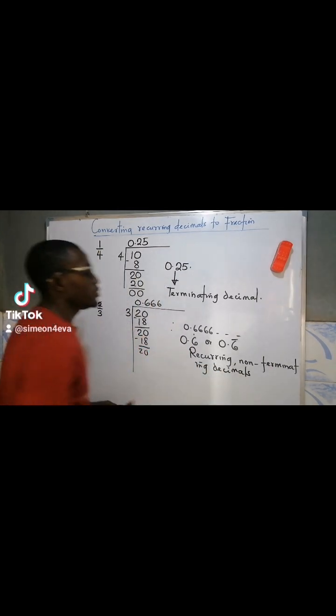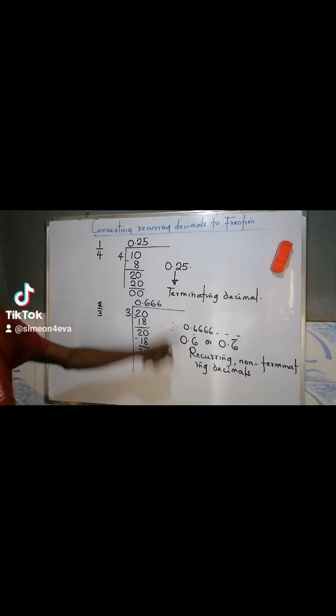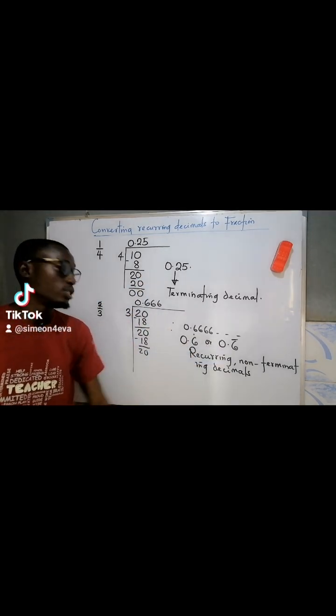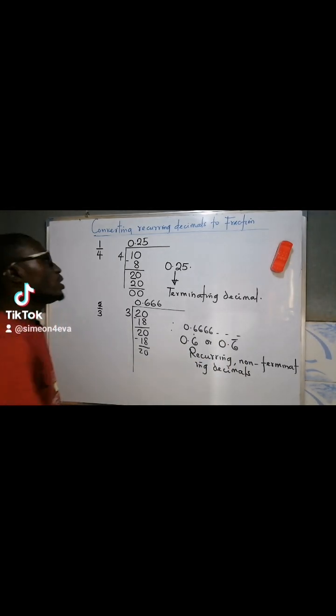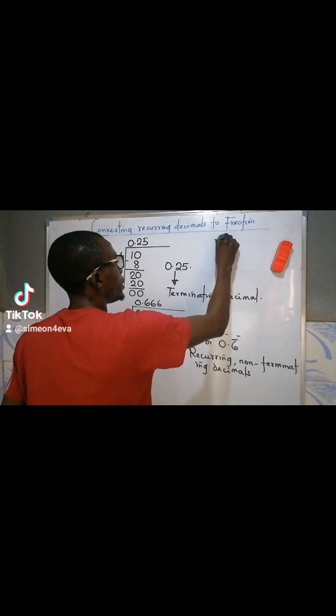So you can see the difference between these two types of decimals, the terminating and the recurring non-terminating decimal. So we are dealing with recurring non-terminating decimals today.